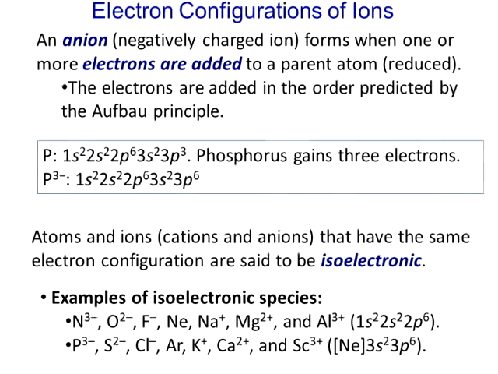In the case of phosphorus, we would have 1s2, 2s2, 2p6, 3s2, then 3p3. If phosphorus gains 3 electrons, it becomes P-3, then we fill the rest of the 3p orbital with 3 electrons, paired according to Hund's rule.